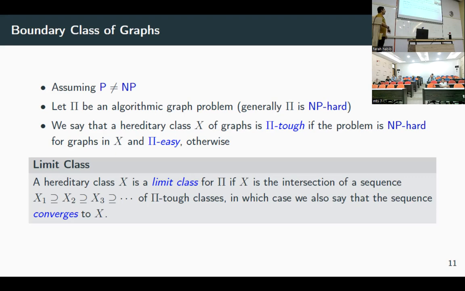We say that a hereditary class X is a limit class for Pi if X is the intersection of a sequence of Pi-tough classes, in which case we also say that the sequence converges to X. This requires a little explanation, and I'll try to give as simple an explanation as possible.